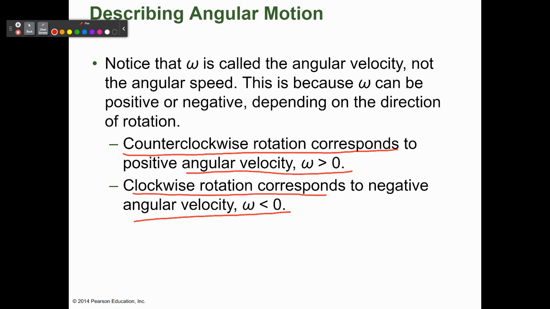So notice that this symbol is called angular velocity. It is not called angular speed. That is because it has a direction that goes along with it in the form of the sign, whether it's positive or negative.